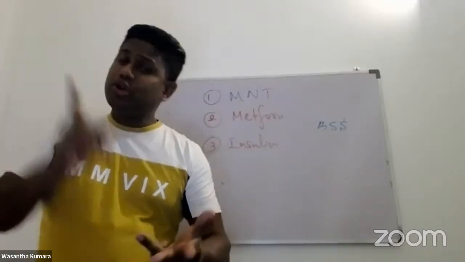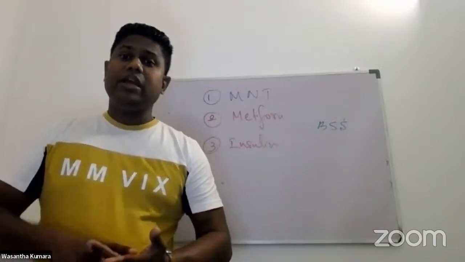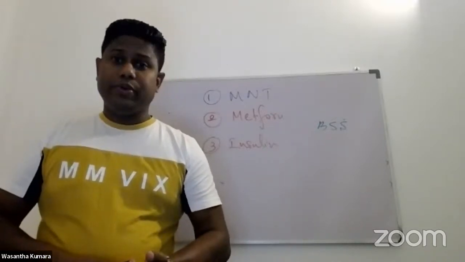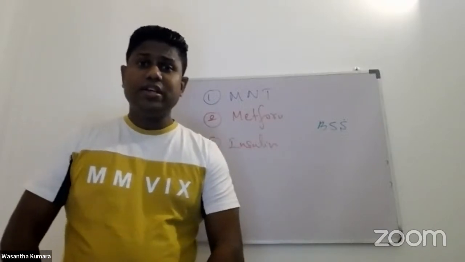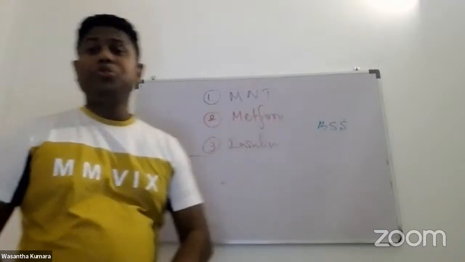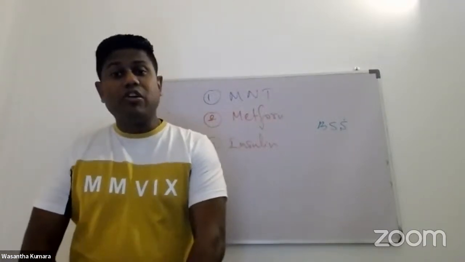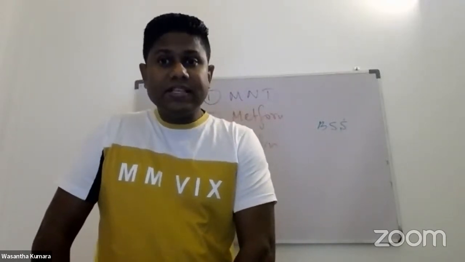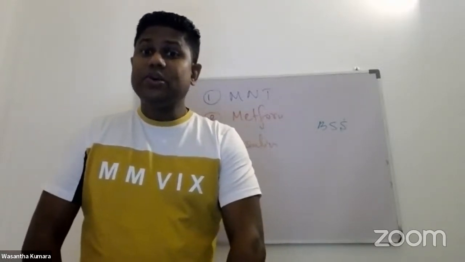If the control is not good, you can put metformin. If still not good, you can increase the metformin. If still not good, you can go for insulin. There are no hard and fast rules regarding these 3 options, but definitely if there is evidence of macrosomia or polyhydramnios, the best thing is to go for insulin.